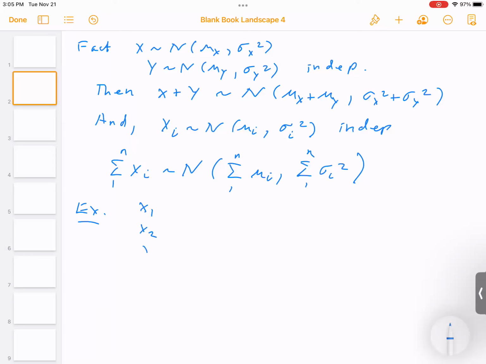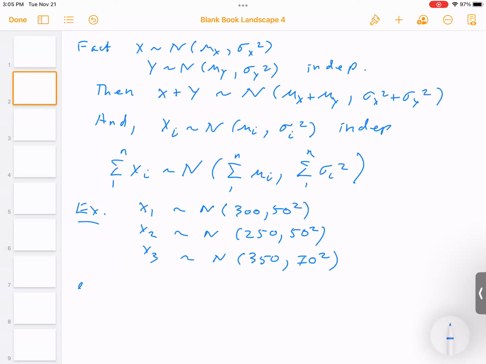So let X1, X2, X3 represent those, and we'll say normal, 350 squared, normal 250, 50 squared, normal 350, 70 squared. This is the big one, the Big Y. Let's find the probability that the big one has more customers than the other two put together.